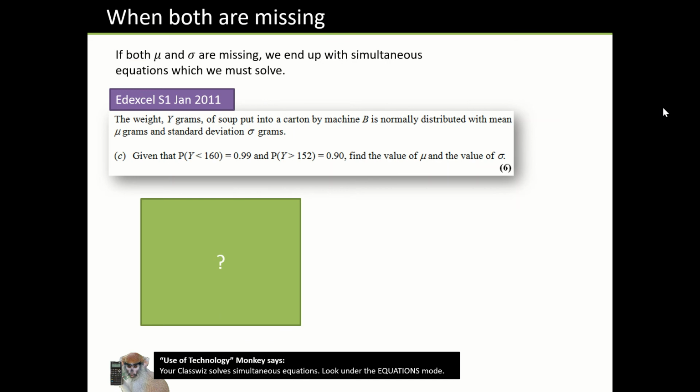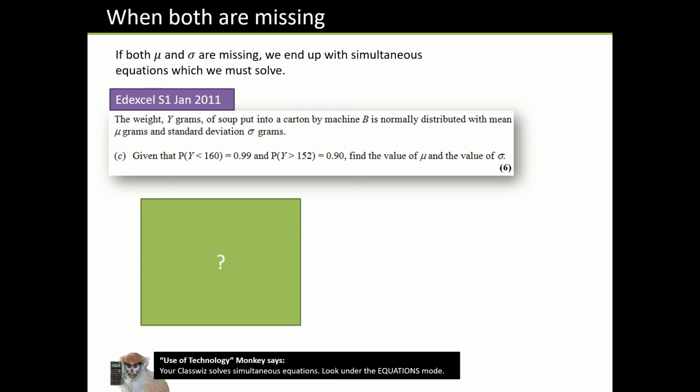So this question asks us what happens if we're missing both of them. And that's where you'll be given 2 pieces of information because you have 2 unknowns, and you'll set up a simultaneous. So in this case, we're dealing with a past paper problem from January 2011.